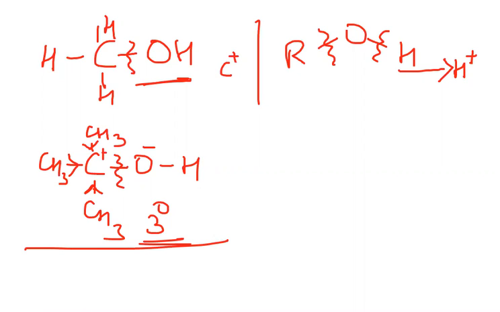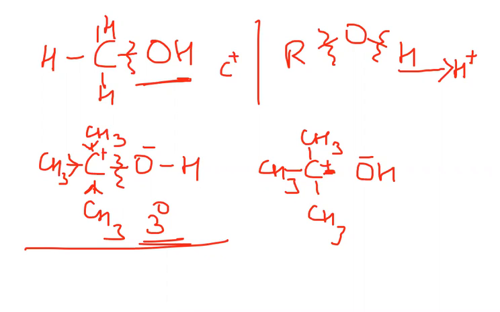So when you have a tertiary carbocation, look at the process here. It will always try to neutralize its charge by getting some negative charge, and therefore, if this charge is stronger, it will not allow the oxygen to move out.